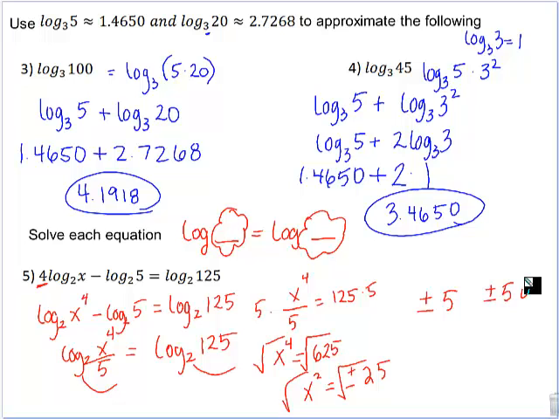And then recall, we can only have positive numbers inside of our logarithm. So would any of these end up canceling because they're not positive? Yeah, which one are we left with? Yeah, we're just left with positive 5.